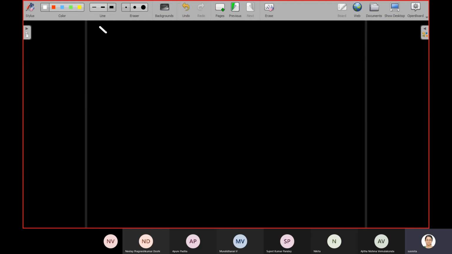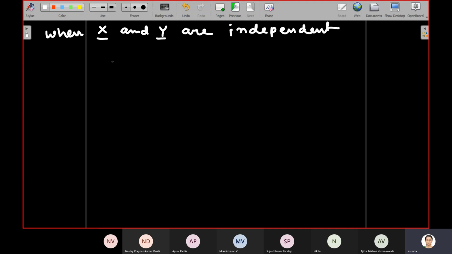Now, when two random vectors x and y are independent, their joint PDF. So joint PDF means here we need to consider the joint PDF of all the x components and the y components.